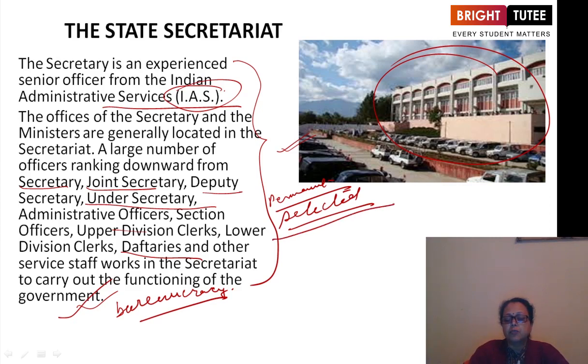So first of all, the state is divided into divisions, and the head of the division is the divisional commissioner. After the divisional commissioners, we have the district magistrates.